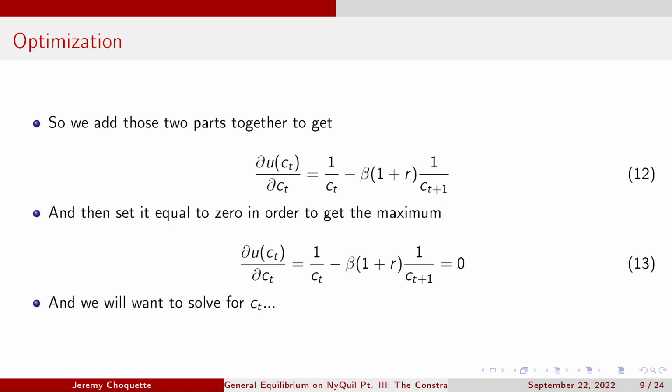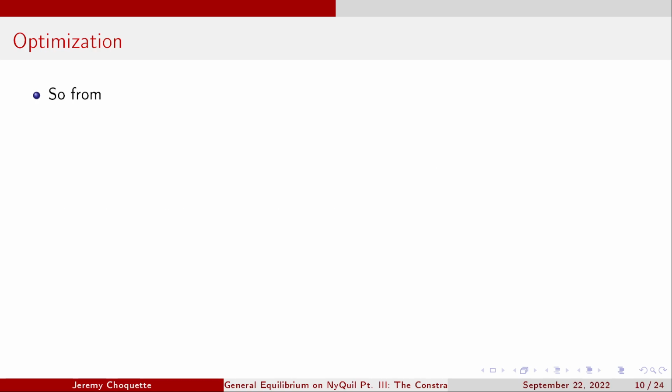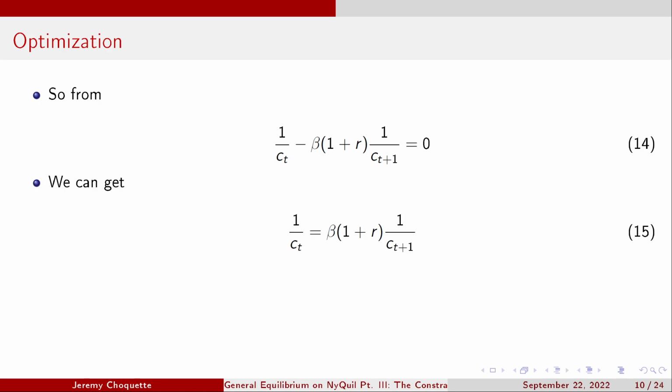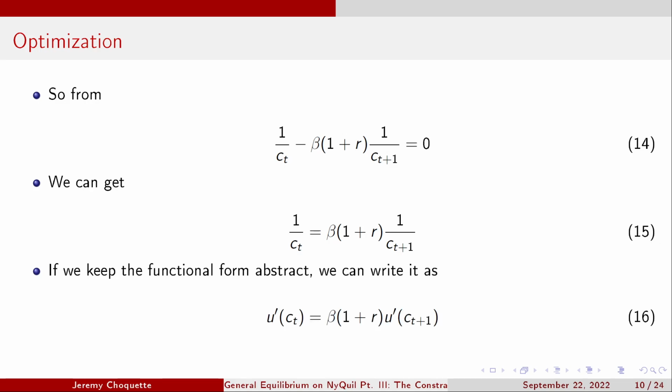So now I have maximized my utility, and from this I get 1 over C_t equals beta times (1 plus r) times 1 over C_{t+1}. Or if I want to keep the functional form abstract, I can write it as the marginal utility of today's consumption equals beta times (1 plus r) times the marginal utility of tomorrow's consumption.